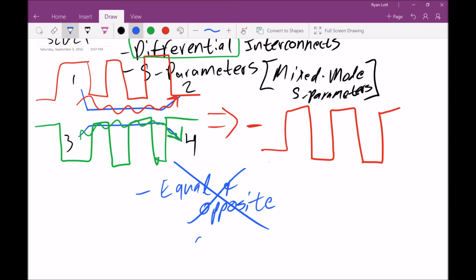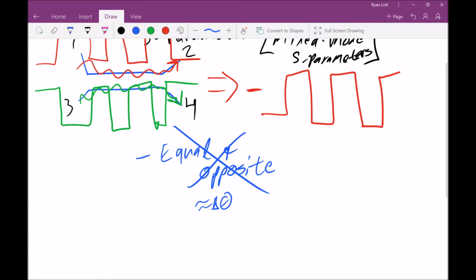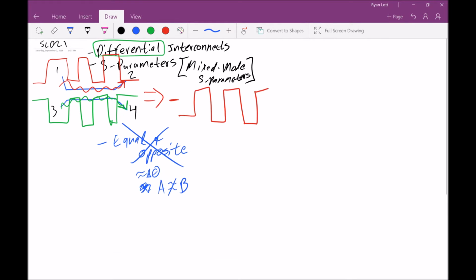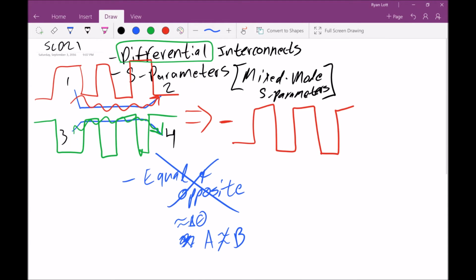There's always a little bit of phase difference between the 2 channels, and there's always going to be at least a little bit of difference in their amplitude. So they're not exactly opposite, and they're not exactly equal. So that's just a quick rundown for the people who have never heard of this. But like I said, this is mostly for the people who have.